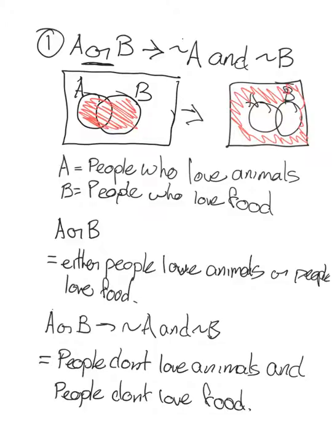So the key things that I changed here are the or and the and, as well as changing it from people who love food to people do not love food.